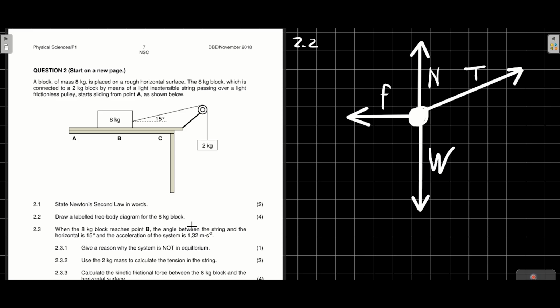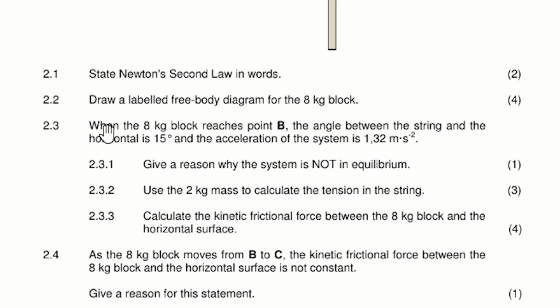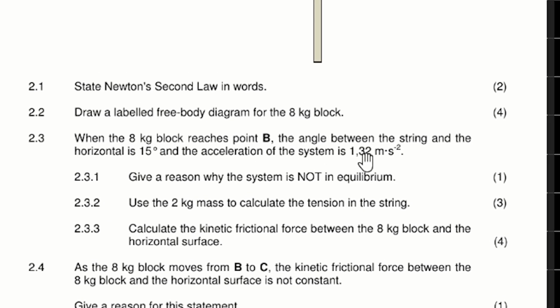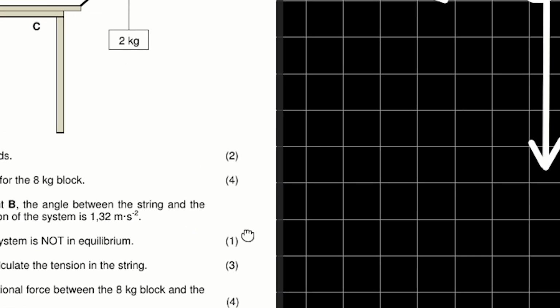2.3 states that when the 8 kg block reaches point B, the angle between the string and the horizontal is 15 degrees, and the acceleration of the system is 1.32 meters per second squared. In 2.3.1, they ask for a reason why the system is not in equilibrium.